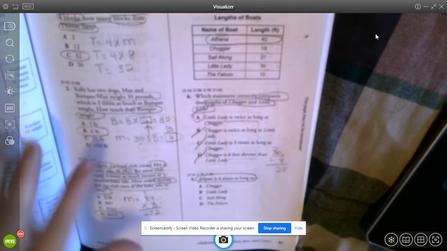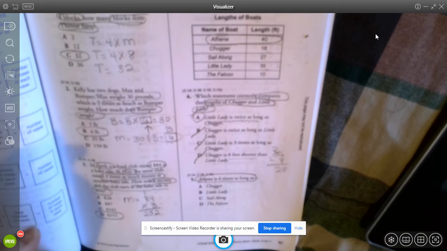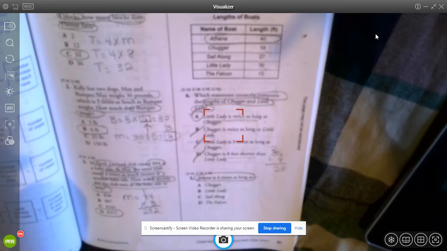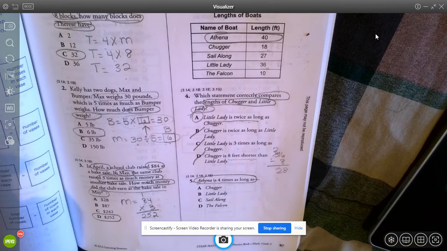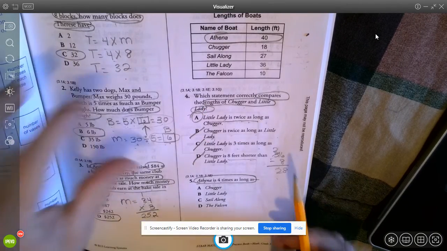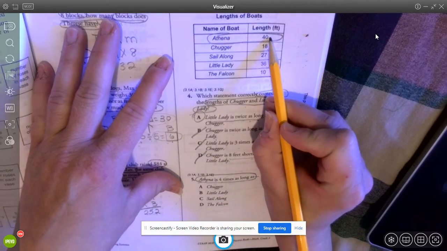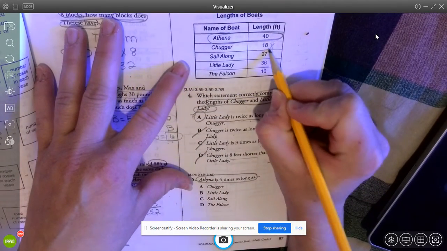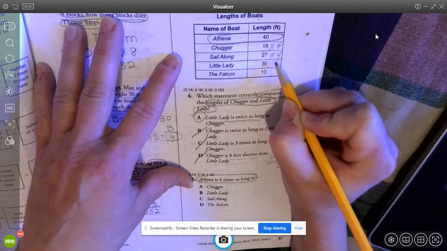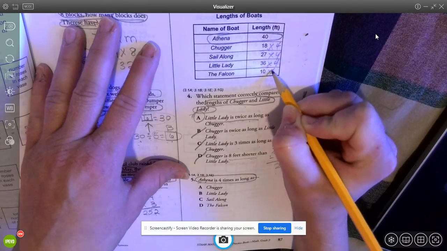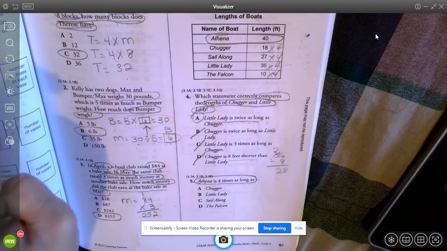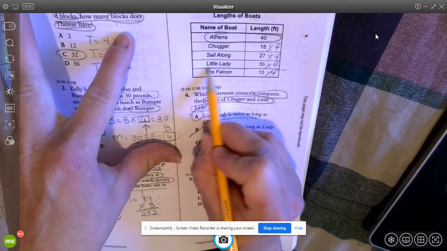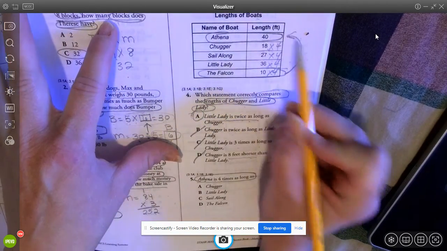It's 4 times as much as which one? Okay, there we go. Hopefully it'll stay. Okay, so it's saying this is 4 times bigger than which one? So if you multiply these by 4, which one is going to equal 40? I bet you can already tell. 10 times 4 is 40. That's what we want. The falcon.